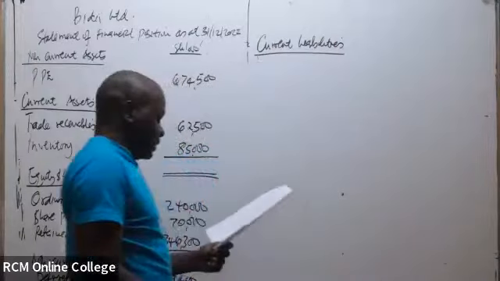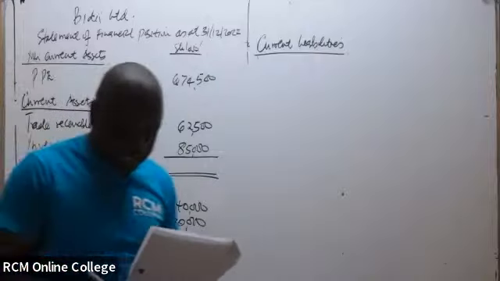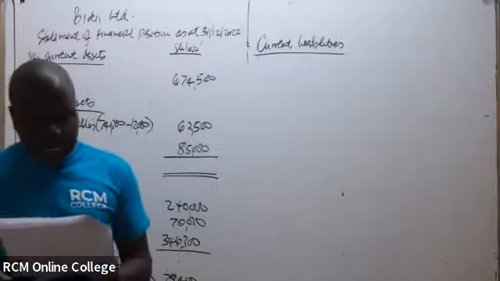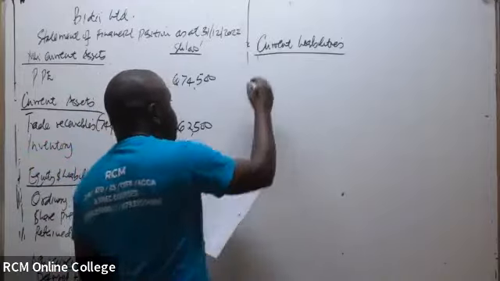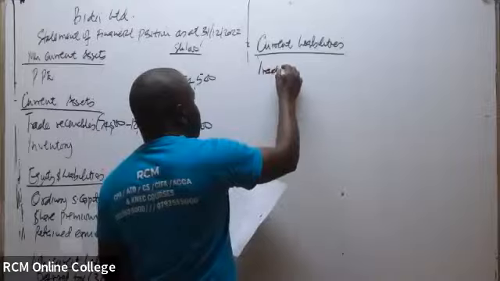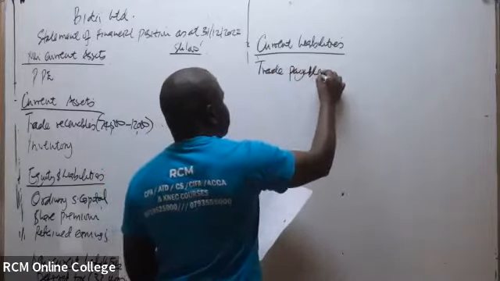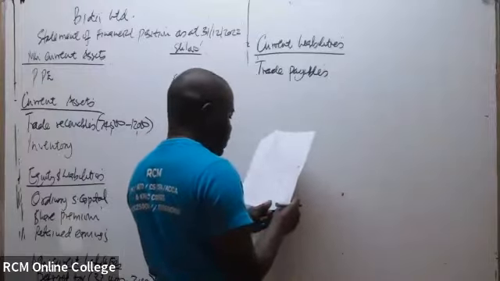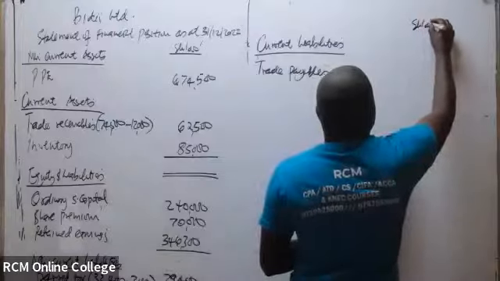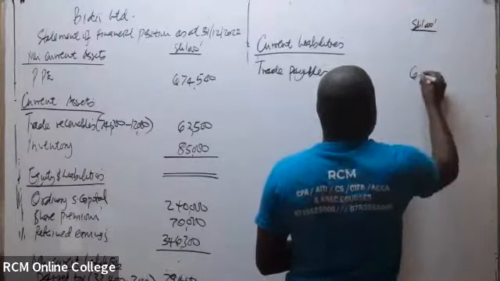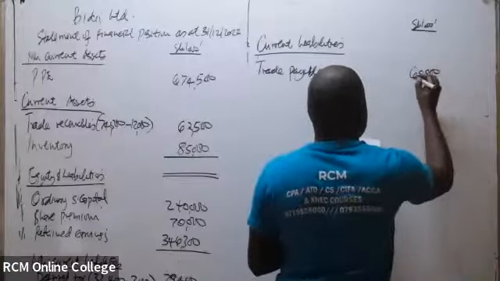For the current liabilities, it's very easy. You just go to the trial balance and, on the credit side, identify the current liabilities you have. We see trade payables. These are just free marks you would have gotten because I don't think it has any adjustment. Our shillings are in thousands, so it comes to 68,800.